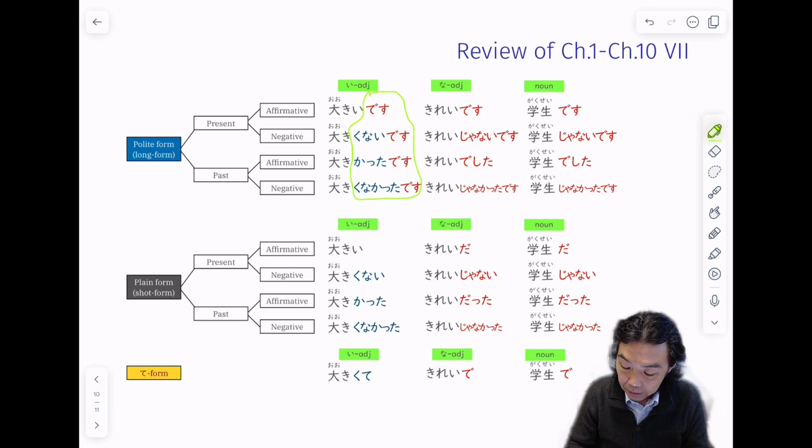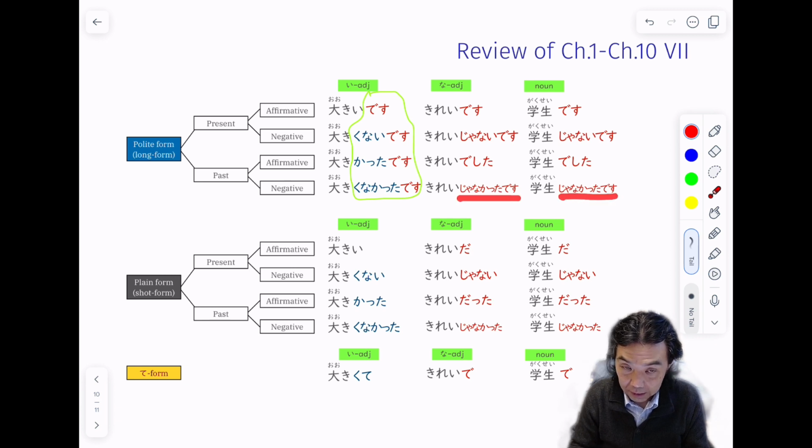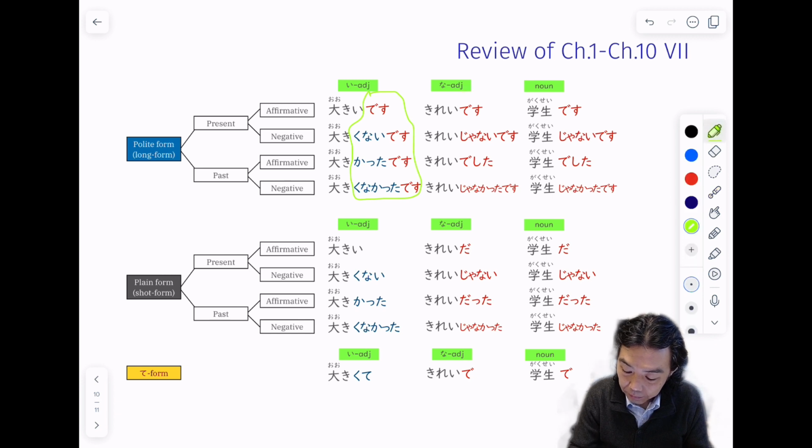The present affirmative is です。Negative is じゃないです。Past affirmative is でした。Past negative is じゃなかったです。Okay. So, in other words, just by remembering these, you can also cover nouns because nouns and adjectives behave almost the same way. Good.